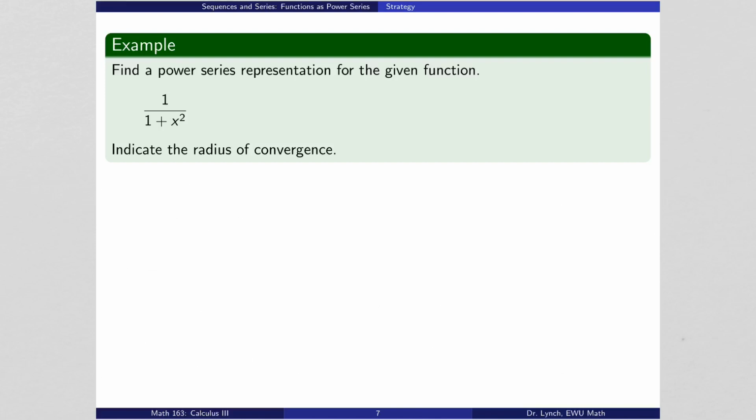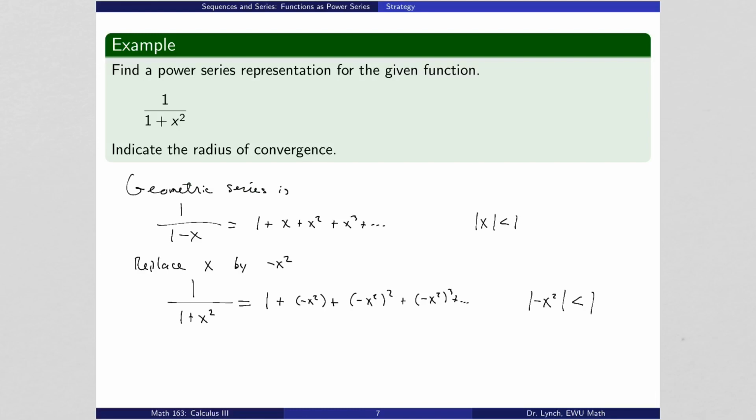Here's another example. A power series representation for this function 1 over 1 plus x squared. As you can see, this looks a little bit like our geometric series, which is again where we'll start. So starting with our geometric series, we can replace x by negative x squared. We can see that 1 over 1 plus x squared is 1 minus x squared plus x to the 4th minus x to the 6th and so on.